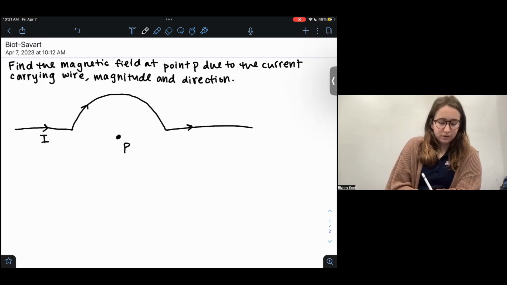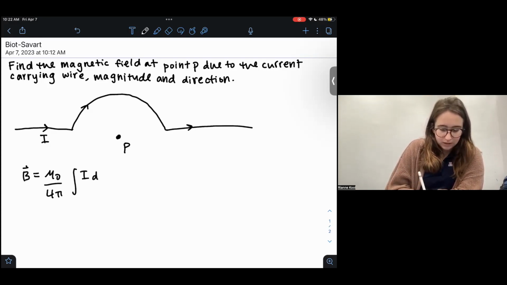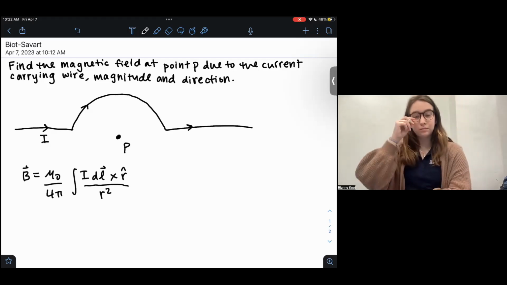The Biot Savart law says that the magnetic field is equal to mu naught, which is just a constant, over 4 pi, times the integral of I, which is our current, dl cross r hat, all over r squared.